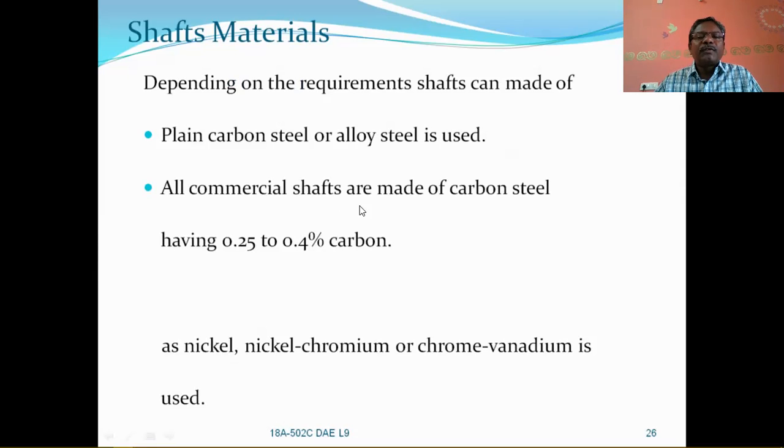All commercial shafts are made of plain carbon steels having 0.25 to 0.54% of carbon.